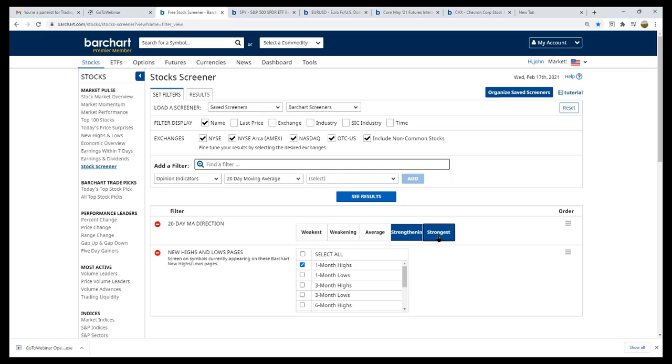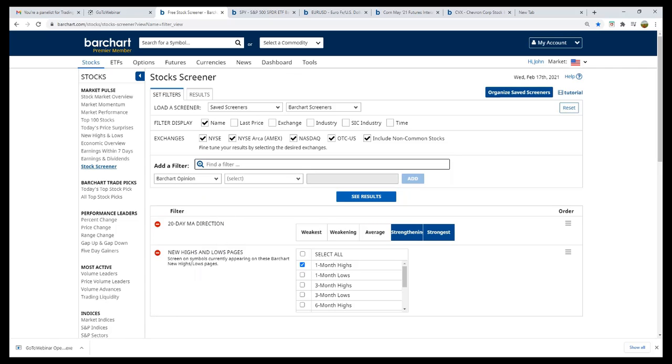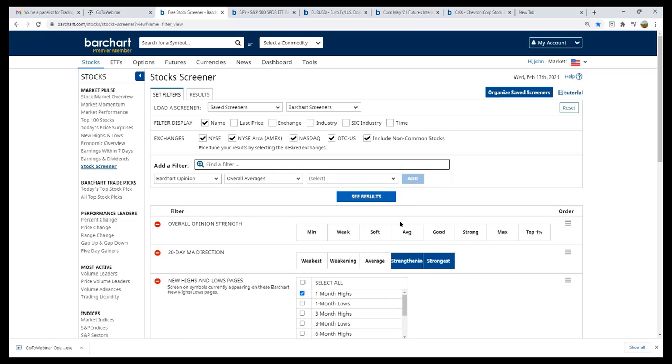I want to see that engine revving. But then I'm going to come back into my screener and look at Barchart opinion, right? My trend, I'm going to look for that trend, right? Overall, again, my strength, my trend. And here, I'm just going to be very specific. I'm going to say, I want to find stocks whose momentum is increasing, where we just had a buy signal that is now really moving away from that 20-day moving average.